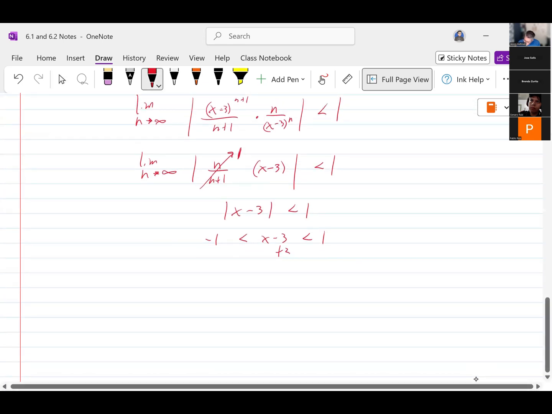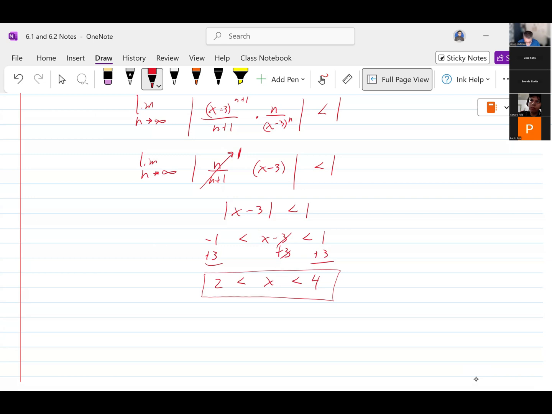I'm going to add 3 to everything, and I get 2 is less than x, which is less than 4. And so we know that this converges for values between 2 and 4.